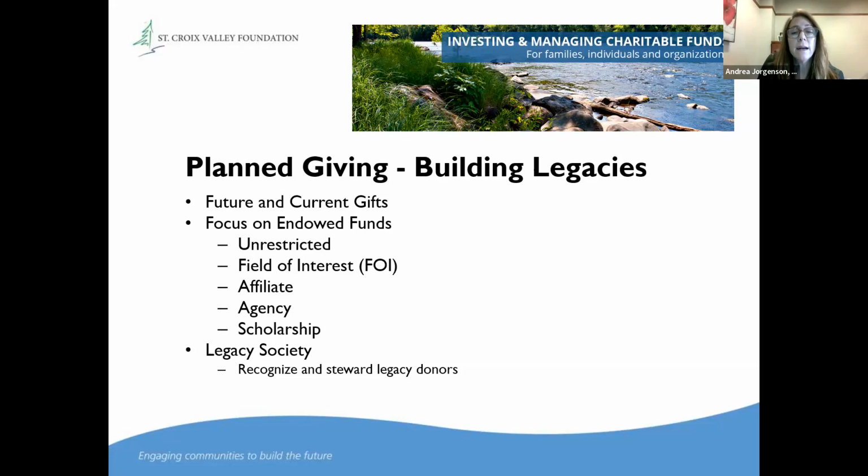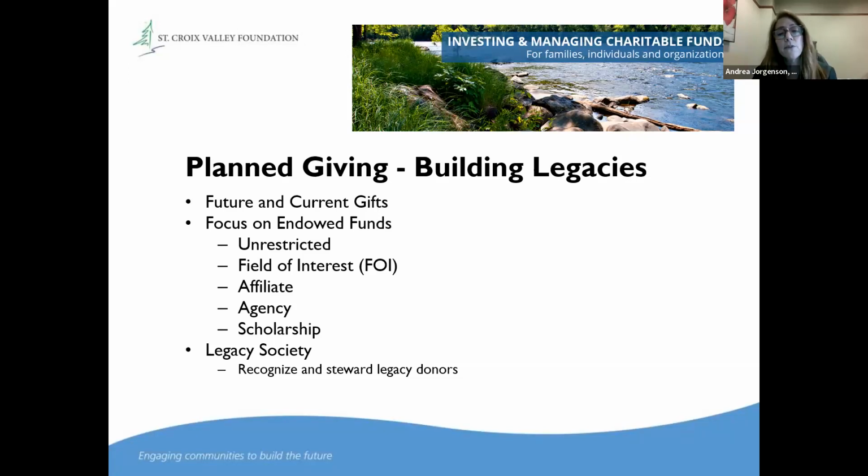That being said, we also have field of interest funds, as Emily touched on. Most recently, we have created an environmental fund. It has not officially launched yet, but the dollars are there to do so this spring, and we're looking forward to making that a reality.